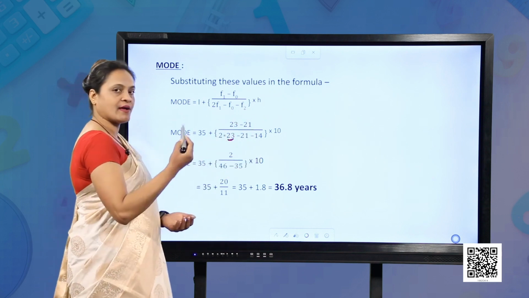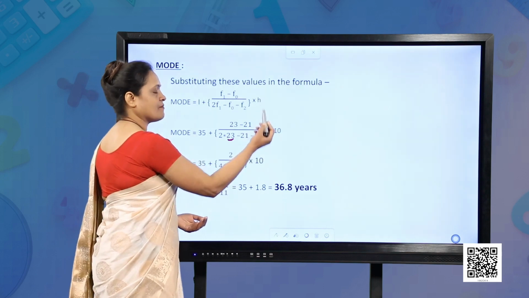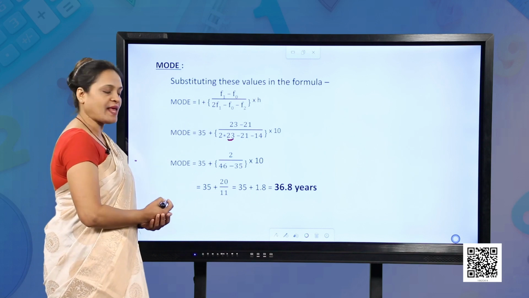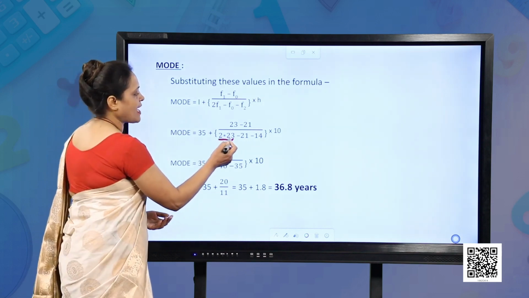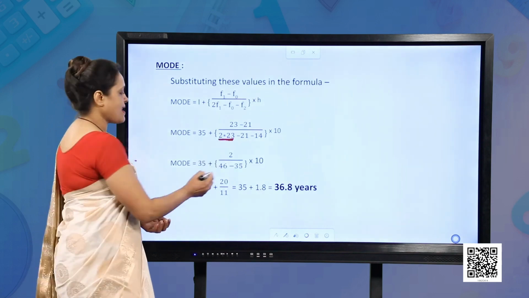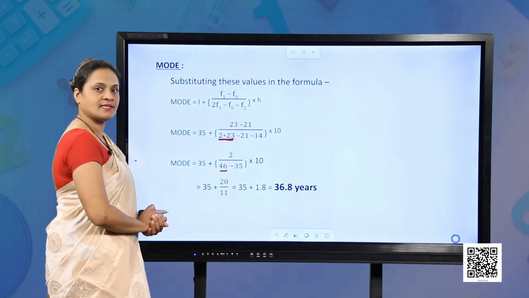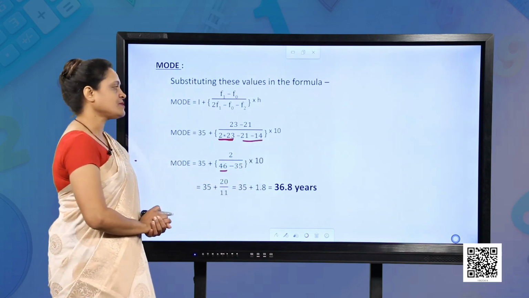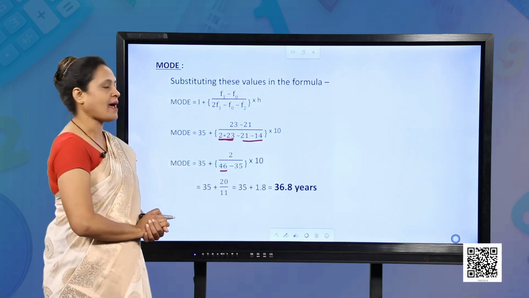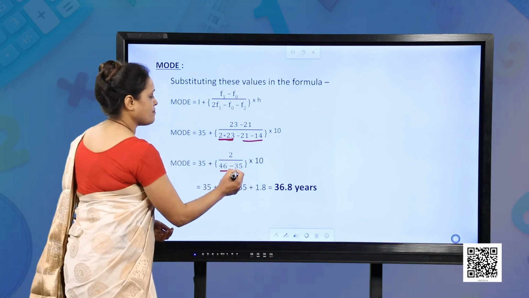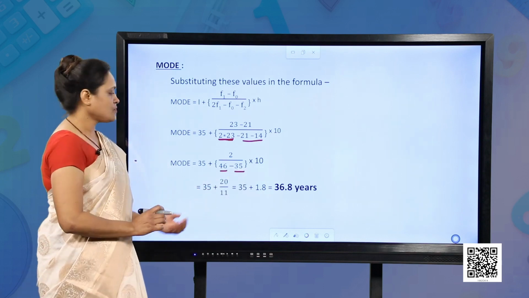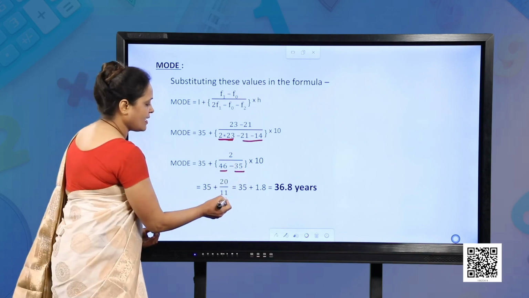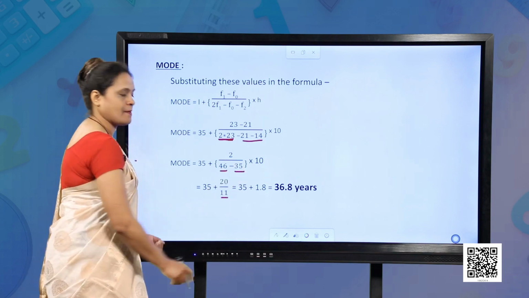And remember, our class size was 10, which was H. When we calculate this expression, we first multiply 2 and 23 and get 46. Then when we add these two values, minus 21 and minus 14, we get minus 35. Solving these two numbers, 46 minus 35 gives us 11.